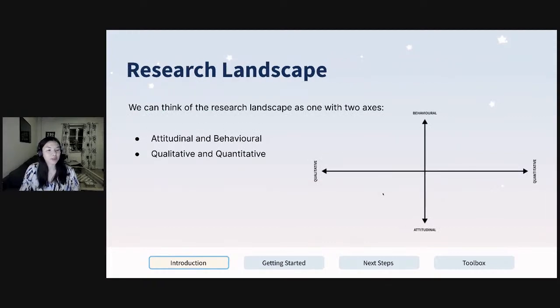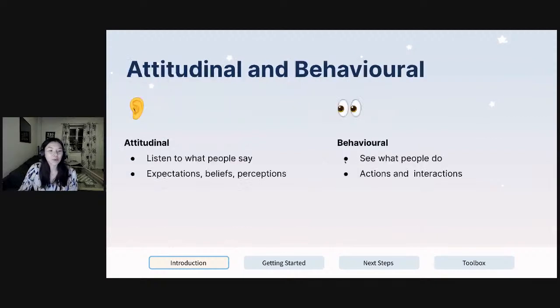So you can think about the research landscape as one of two axes. We have the attitudinal and behavioral on the vertical y-axis, and the qualitative and quantitative on the x-axis. You might see in other places it's sometimes switched. That's not so important at this point. But what does that actually mean? Attitudinal is about attitudes, as you can see in the word.